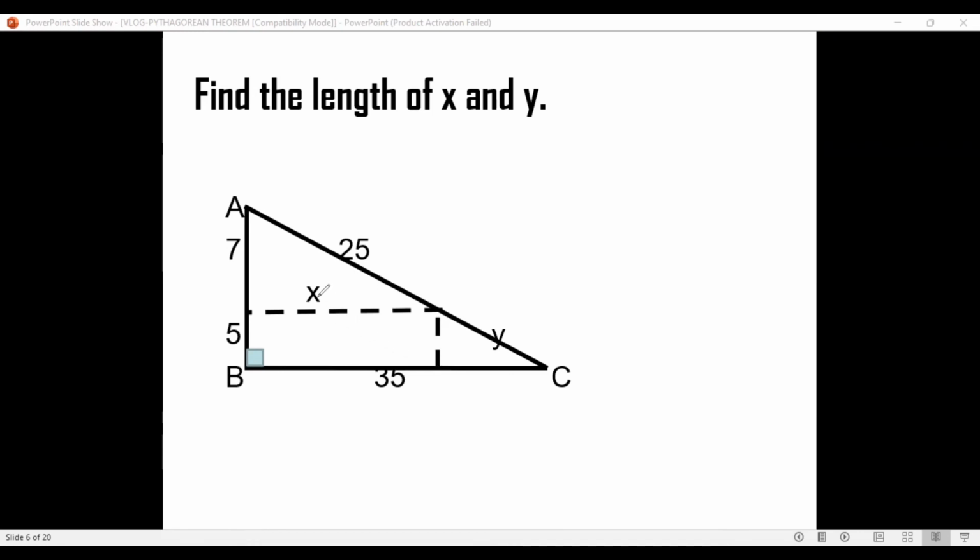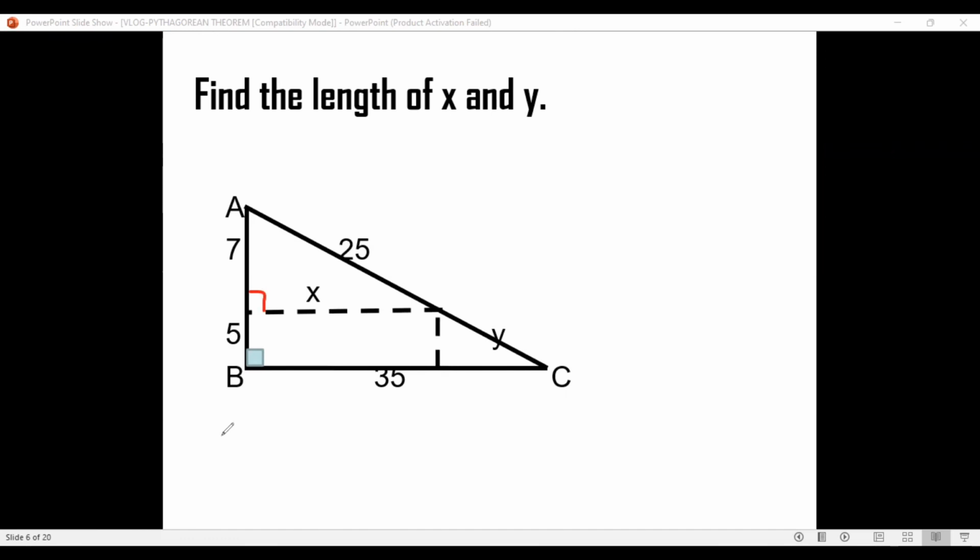We are given a measure here which is equal to 25. Now there is a measurement of y here, and we need to figure out this side first, which is your x. Referring to this triangle alone, this is the opposite. Again, this is the triangle that we are trying to consider.